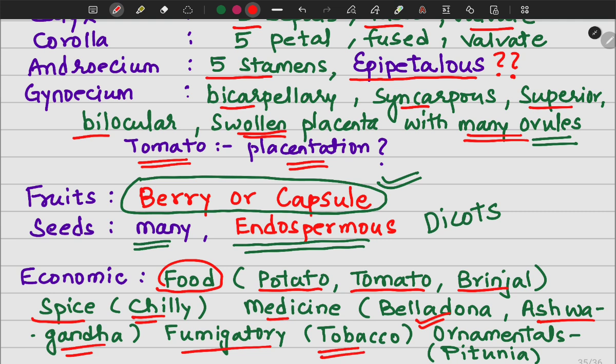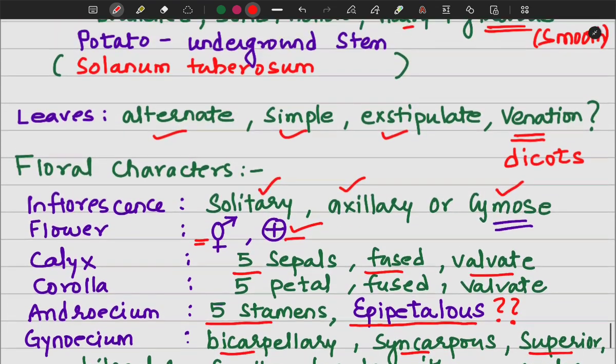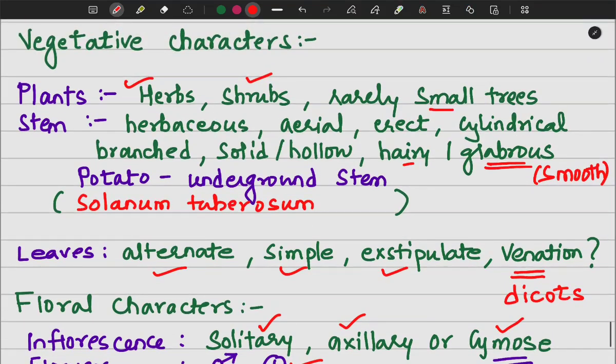And the smoke is inhaled by the ones who smoke cigarettes. So tobacco. And then there are some ornamental plants. An example is petunia. So all these examples are important. Please remember them. So this completes the session for the Solanaceae family.